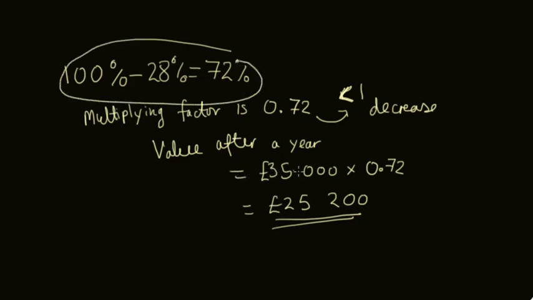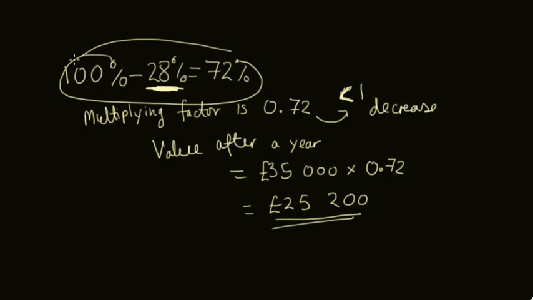A lot of people will take the value of the car and they would multiply it by, instead of 0.72, they would multiply it by 0.28. The thing that we need to remember is the car decreases by this amount. That's what's lost.